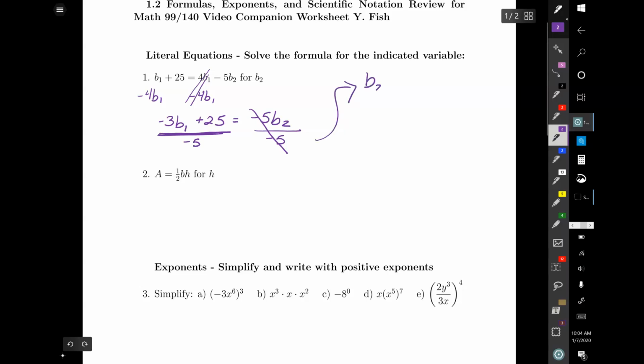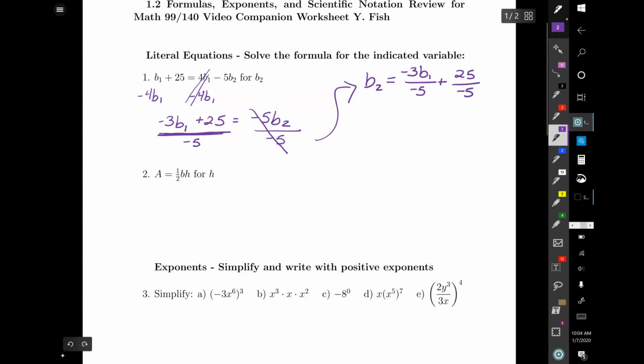I'm going to put B sub 2 on the left-hand side by itself, because I always want my variable on the left in the final answer. That's a typical way to write it. Then I have this negative 3B sub 1 over negative 5, and I'm going to split this up so I'm real careful and I don't fall into the bad habit of some bad canceling. And then I have plus 25 over negative 5, and I'm going to look to see if I can reduce.